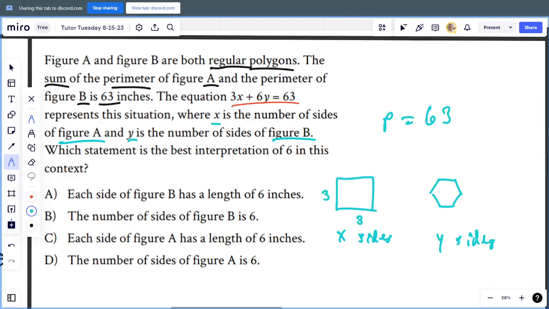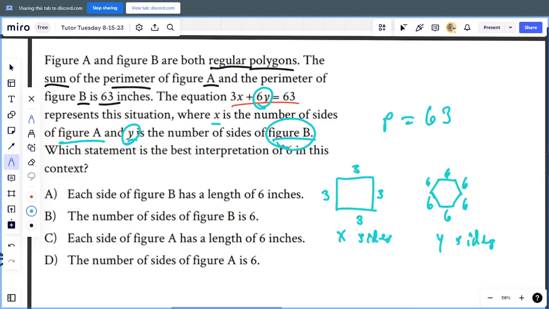So like here it would be 3, 3, 3, 3. 6y, well, we know that y is related to figure B. So 6 multiplied by y means that every one of these y sides has a side length of 6.